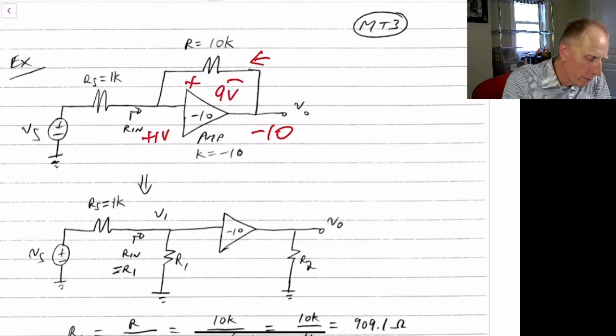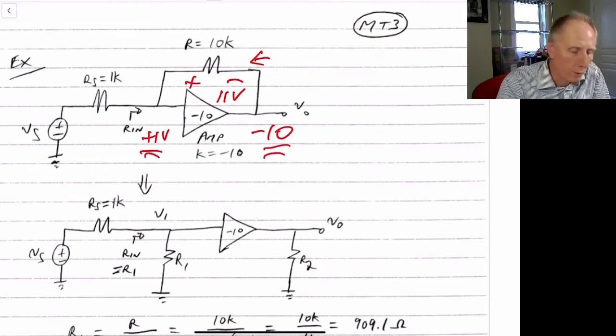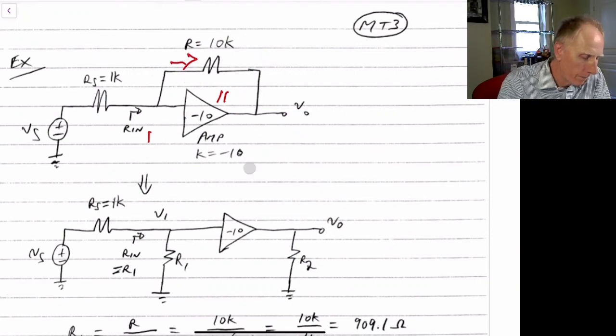So when this is plus 1 volt over here, this goes to minus 10 volts over there, so there's 11 volts across our resistor. And so a lot more current flows into this than we would have expected. It actually looks like a 909 ohm input impedance. So that's intuitively what's going on.